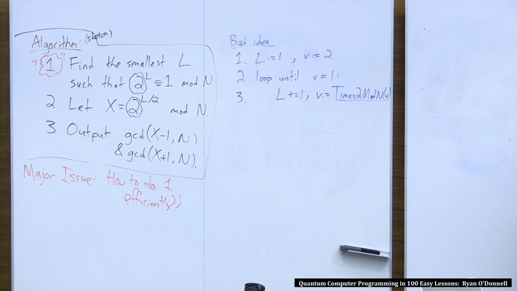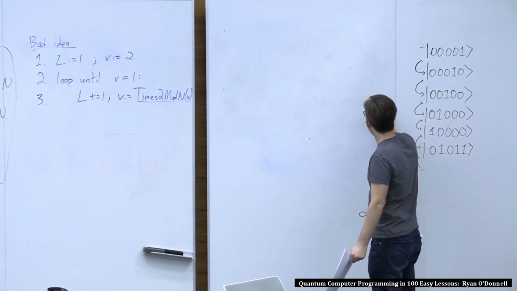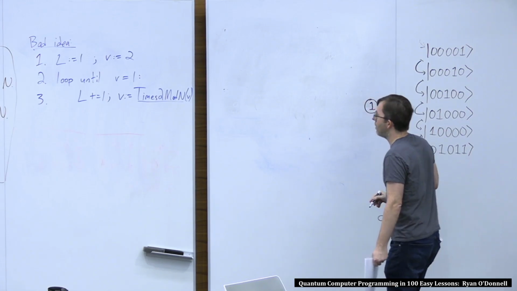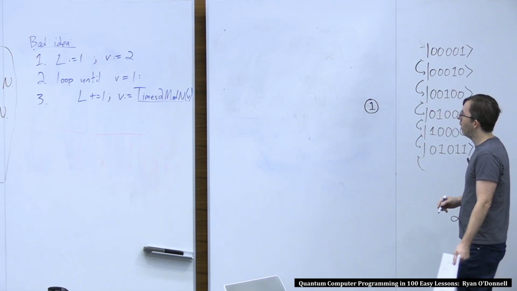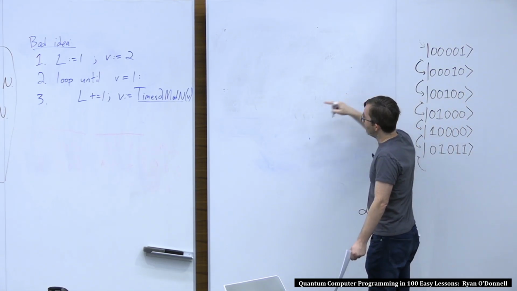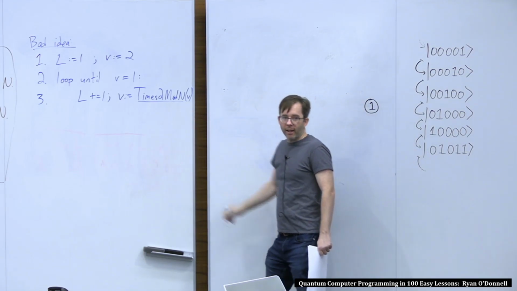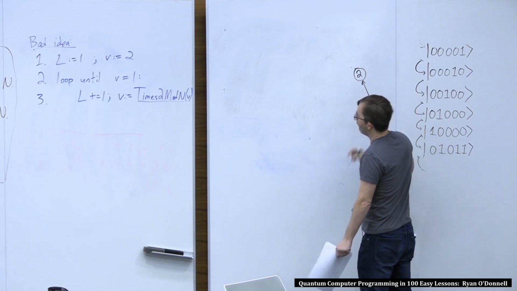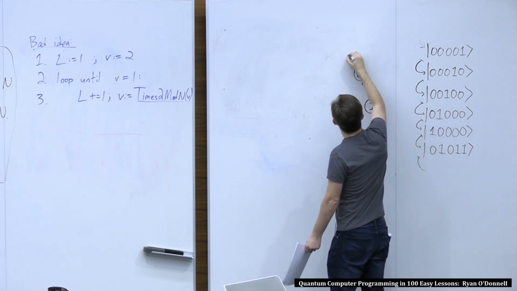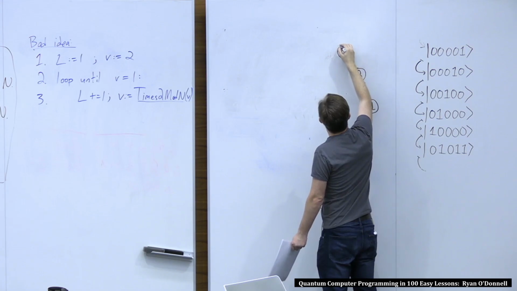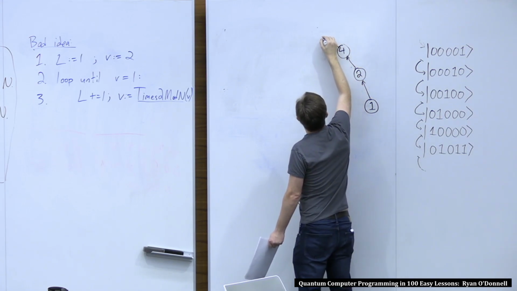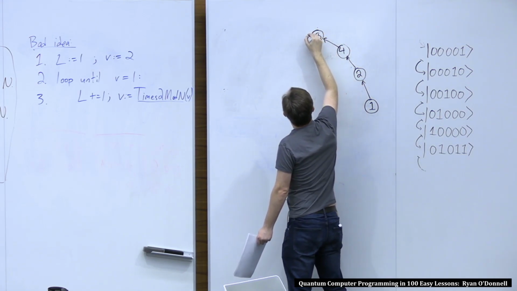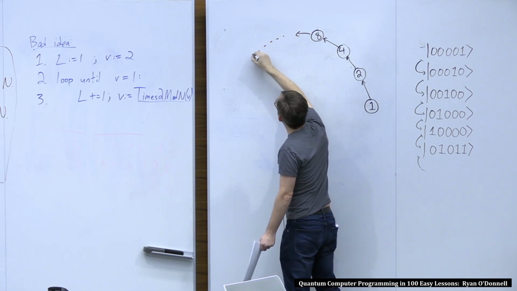Let's think of a little graph here where the nodes are labeled by numbers mod n. So, there's 1. And then if you double it, mod n, you get to 2. And then if you double that, mod n, you get to 4. If you double that, you get to 8. And you can keep going.